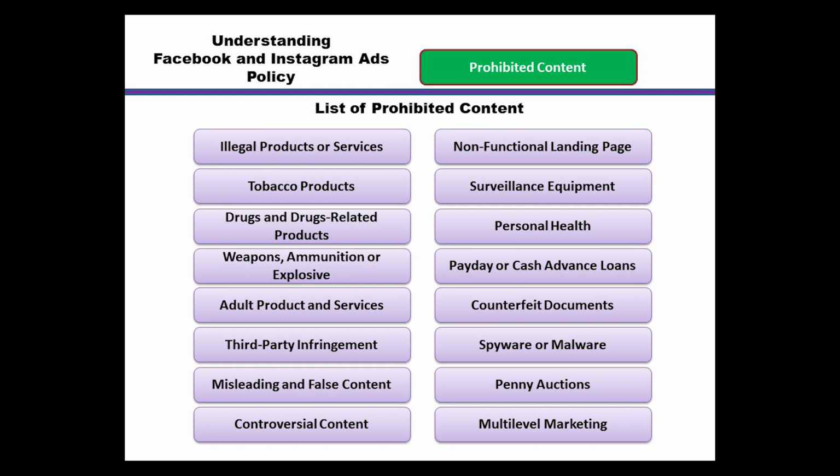So if you try to sell any product online using the platform of Facebook and Instagram, you may probably be restricted because it's under surveillance equipment, which you cannot sell or do product marketing for using their platform.